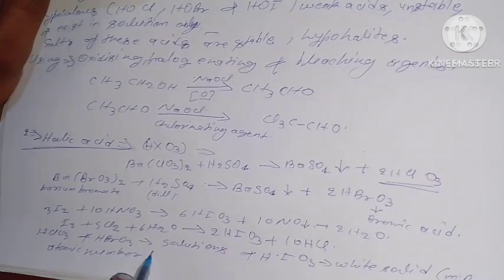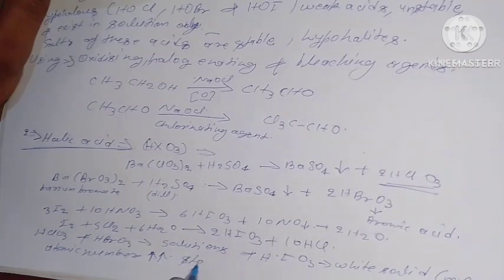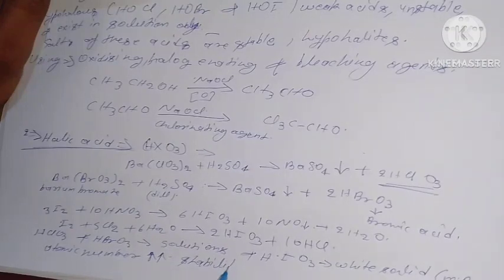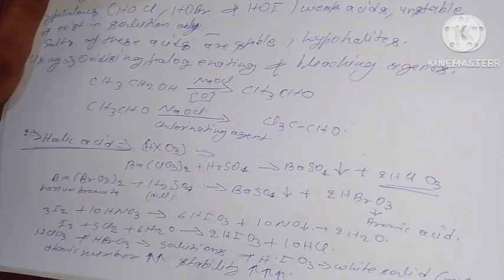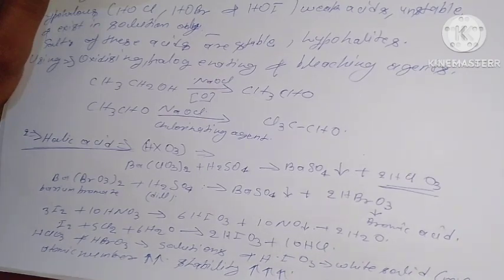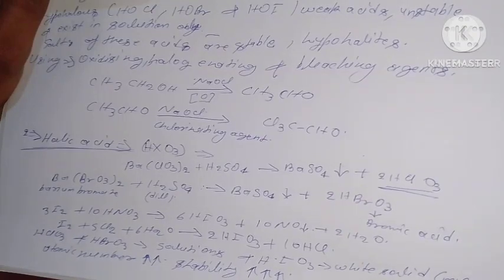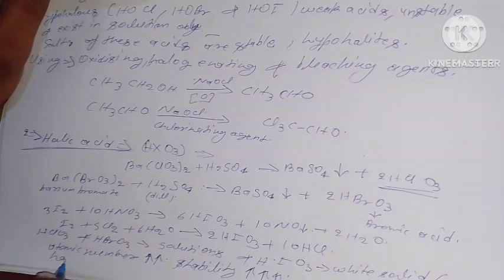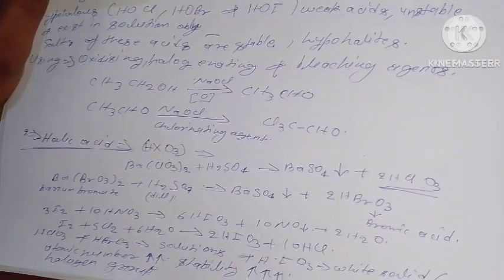If atomic number increases, then stability increases, moving down the halogen group.